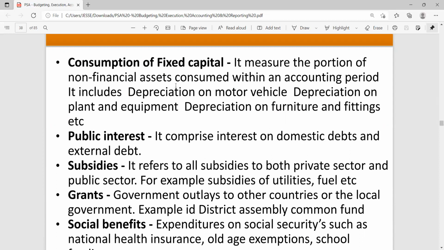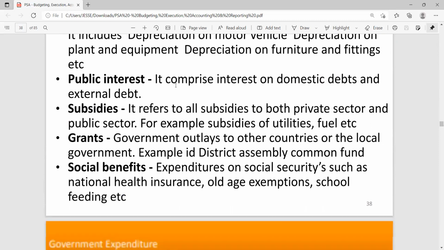It has a useful life of, let's say, 20 years, and you've used it for 5 years, which means you've consumed that fixed capital for 5 years. That's some form of depreciation on the equipment. Typical examples are depreciation on motor vehicles, plant and equipment, and furniture and fittings, etc.